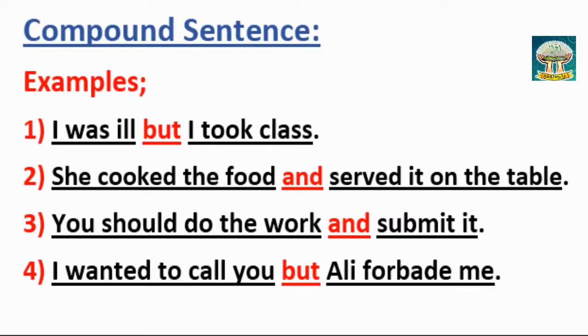Here you can see there are 2 simple sentences joined by and. Example number 3. You should do the work and submit it. Here again there are two simple sentences joined by and. Example number 4. I wanted to call you, but Ali forbade me. Here again you can see two simple sentences joined by but.